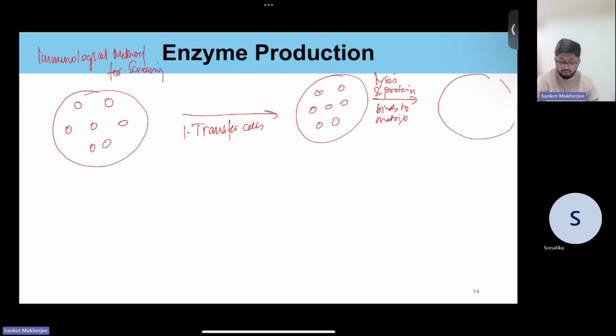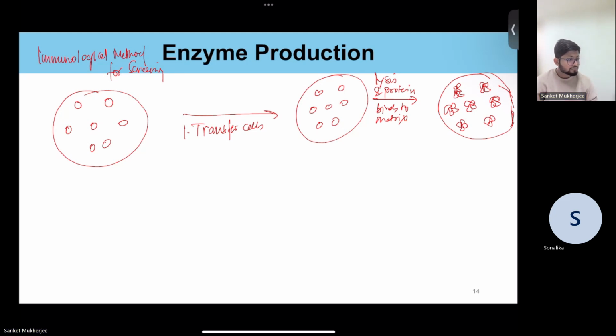So your plate will now look something like this. It has all the proteins here, whatever proteins are expressed in each colony.